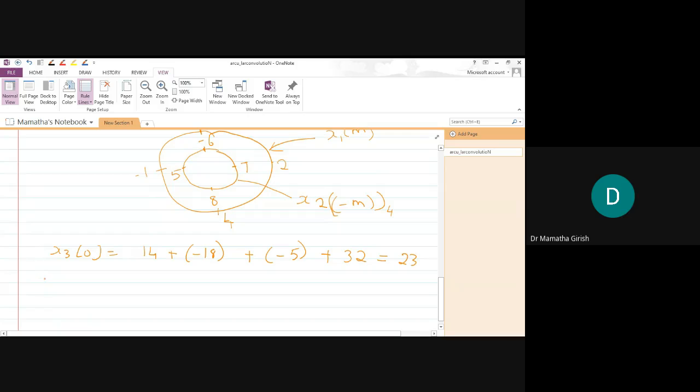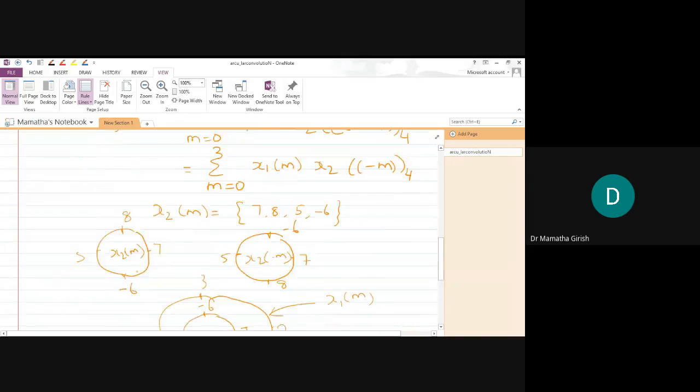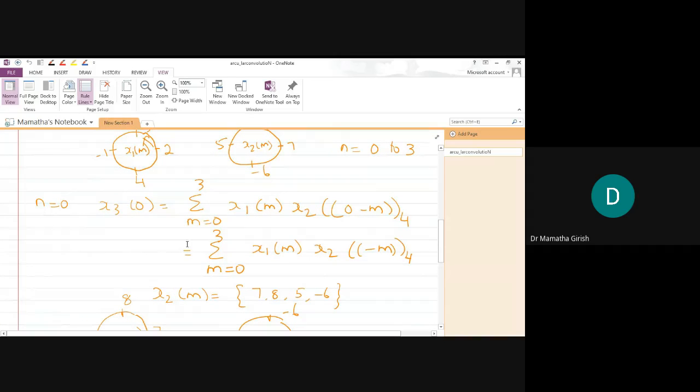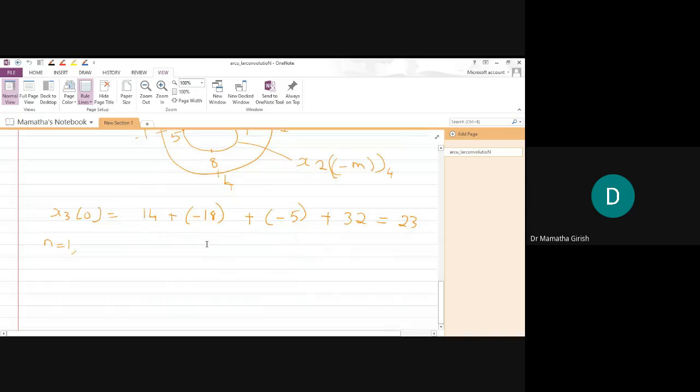Similarly now, at n is equal to 1, what does the formula say? We just want to recollect the same formula. So x3 of 1 is nothing but summation, small m varying from 0 to 3, x1 of m, which we do not disturb, times x2 of, please note the value of n is 1, 1 minus m modulo 4.